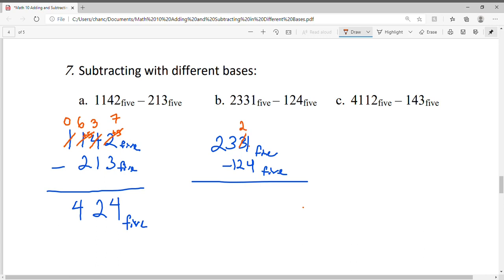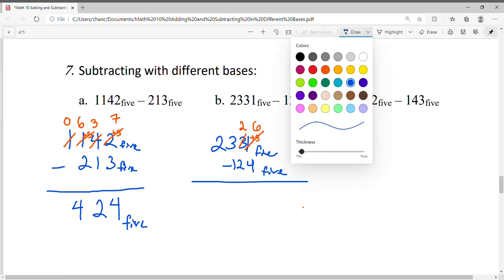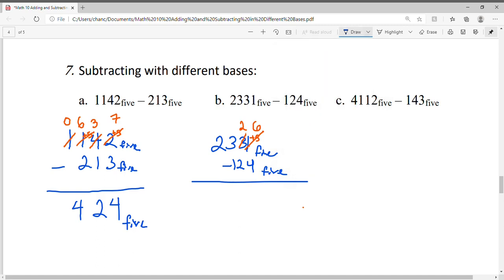Now I add a 5 to the 1. That makes this 1 a 6. 6 minus 4 gives me 2. 2 minus 2 gives me 0. 3 minus 1 gives me 2. And the 2 just comes down. So that's our solution. 2, 2, 0, 2, base 5.